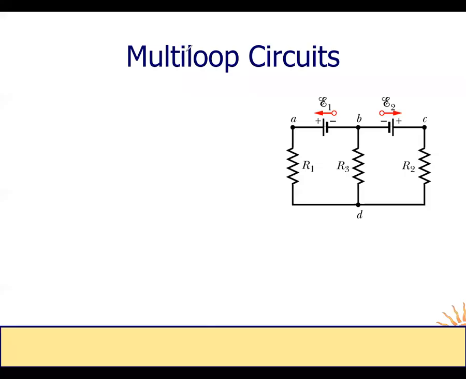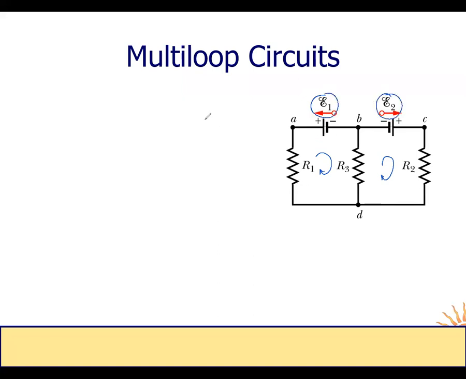An example of multi-loop circuits. Here we have a circuit with two loops, 1 and 2. We have two batteries, E1 and E2.